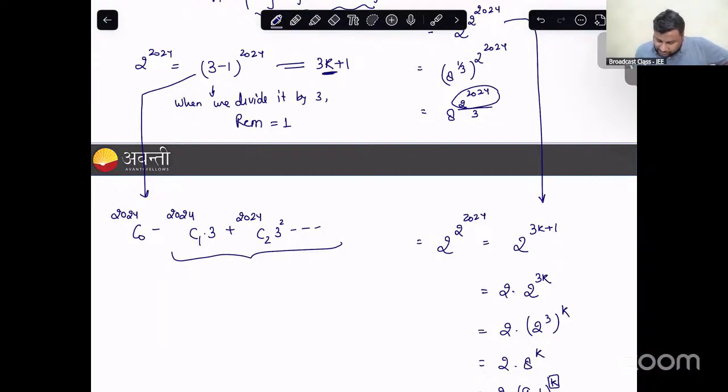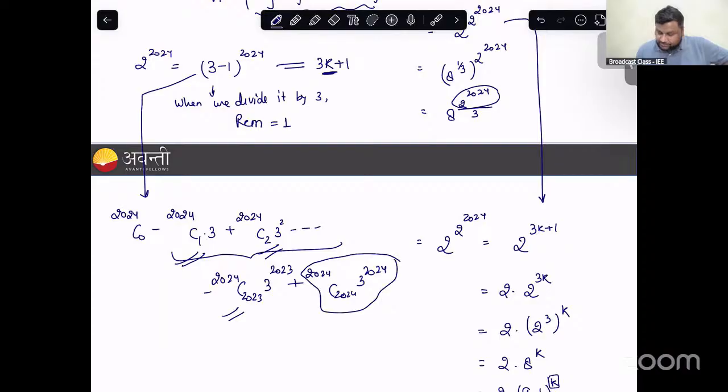The last terms are 2024 C 2023 into 3 to the power 2023 and 2024 C 2024 into 3 to the power 2024. So all the terms are even except this one, which is odd. So if I take 3 common, I will get an odd number. So this k is going to be an odd number.